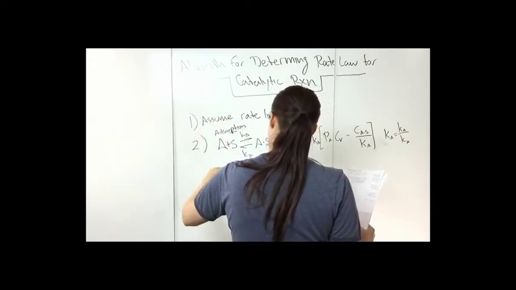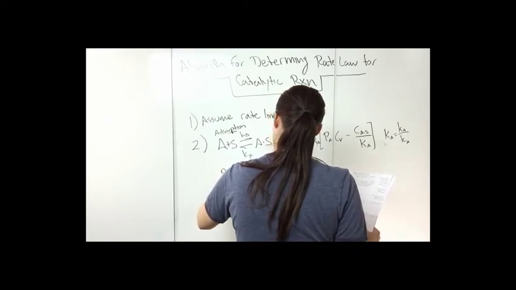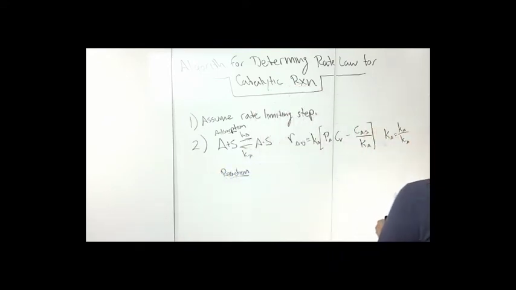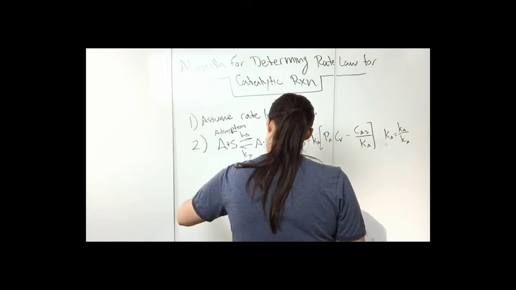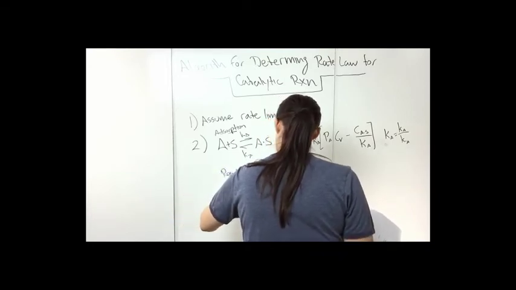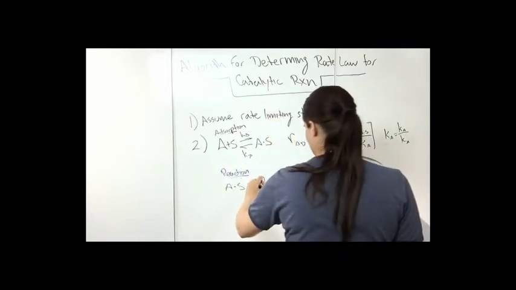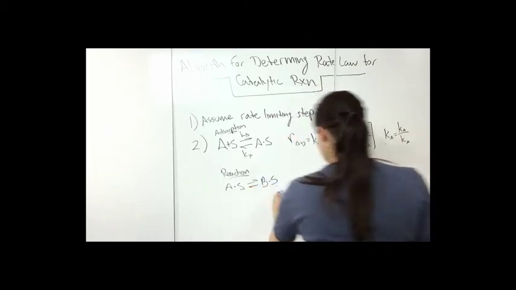So then you need one for the reaction. And so for that, let's just assume that you have A on the site and it is converted into B, but it's still attached to the catalyst.